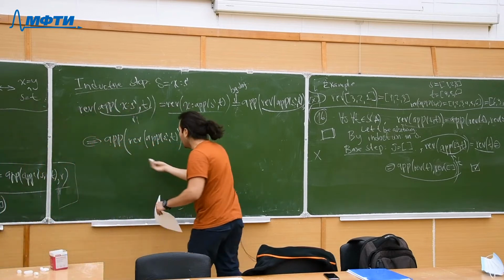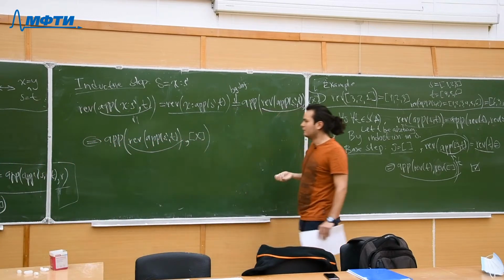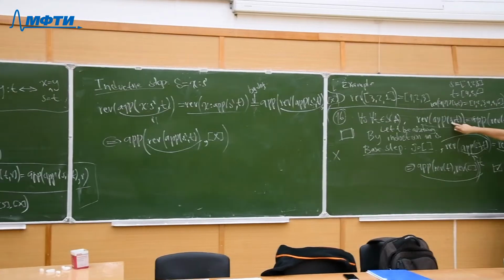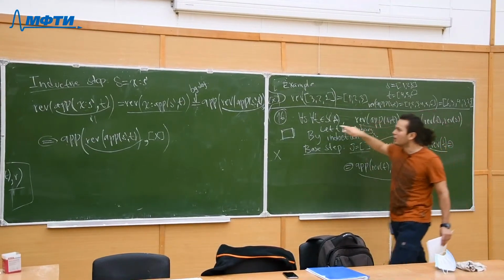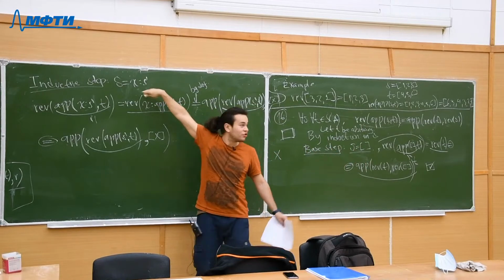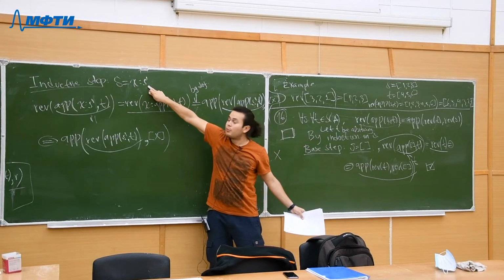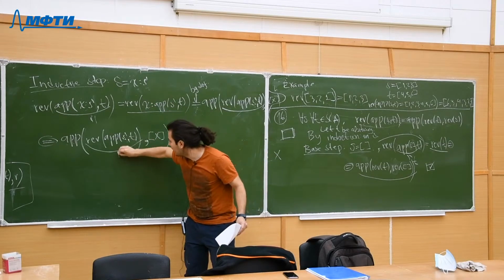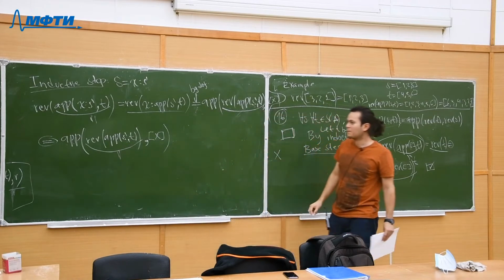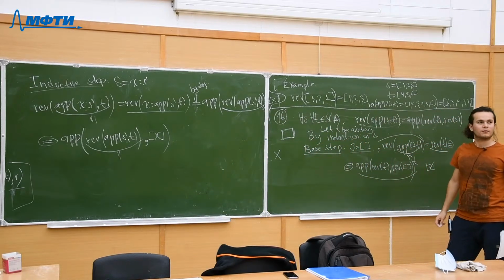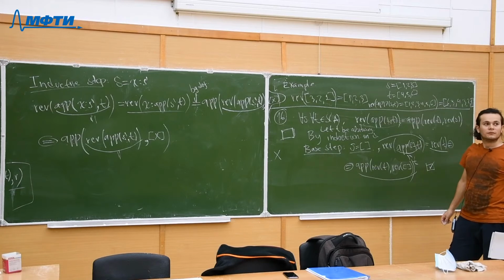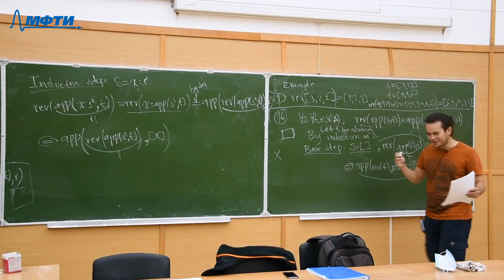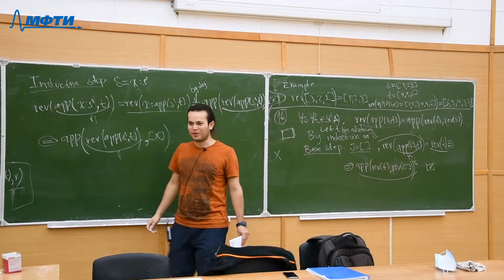Now, what is this equal to? So we are trying to prove this for any string S. And here, we assume that this is true for S prime. And we have here S prime. So this is equal to what? Okay, let me repeat this.